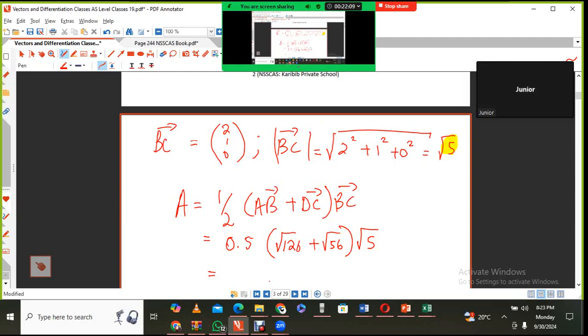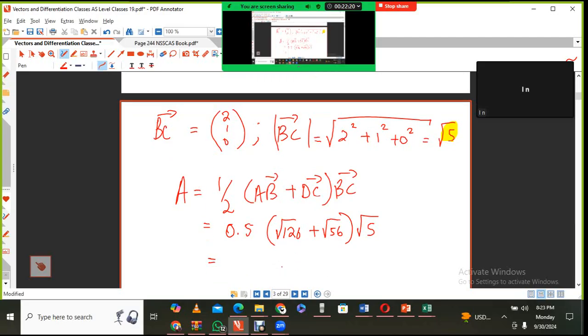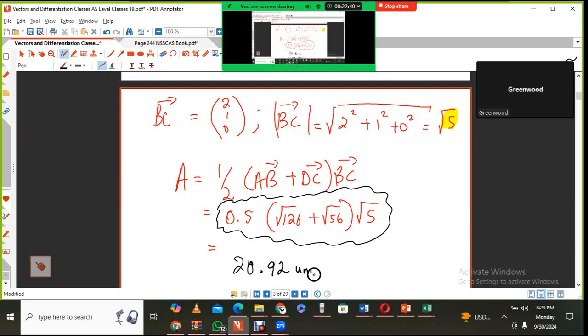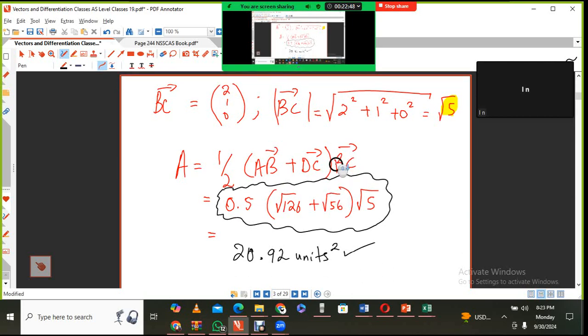So punch that in on your calculator and give me the answer to 2 decimal places. Are you not getting 20.92, to 2 decimal places?